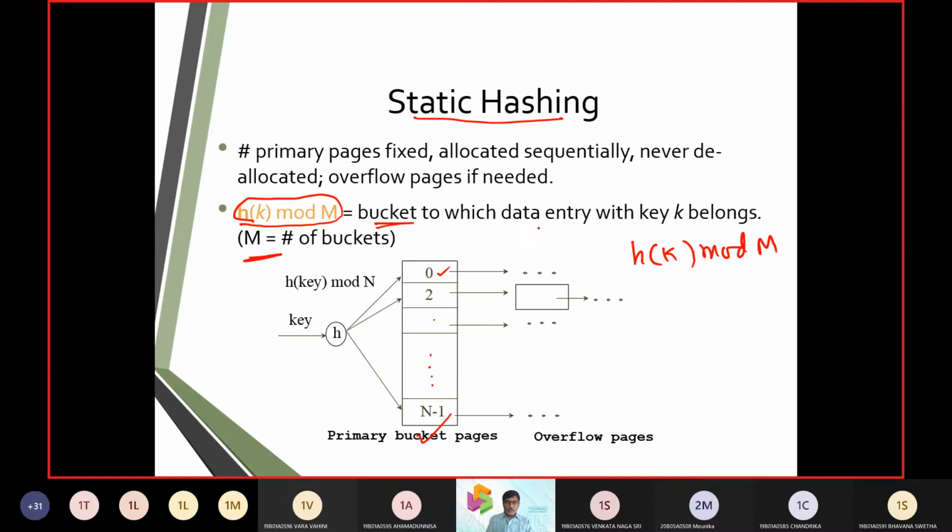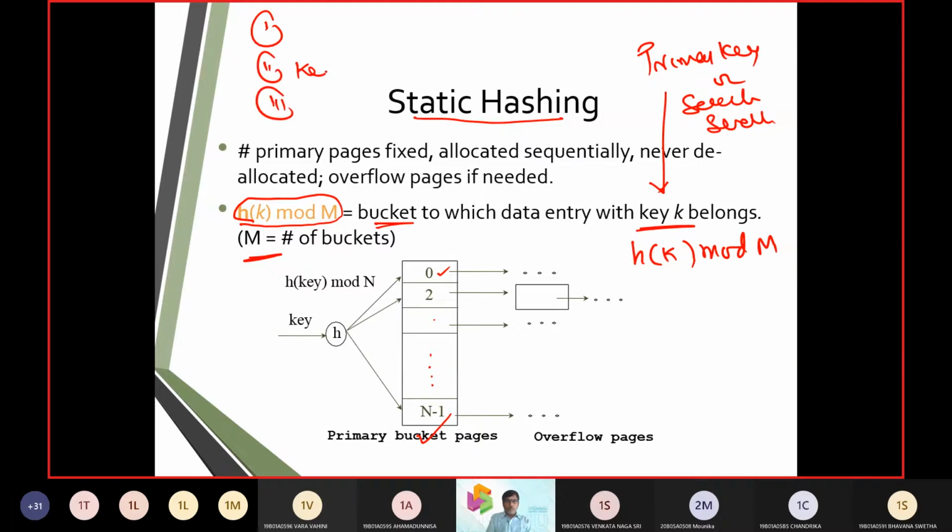Next, the keys we are going to take up are the primary key, or what we call a search key item. Search key items are of three types. One, key with record ID, or key with list of record IDs, or only the data item with the search key.